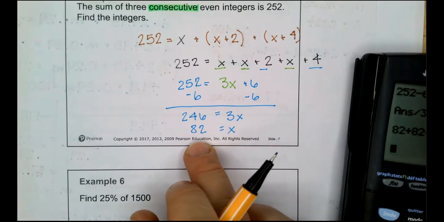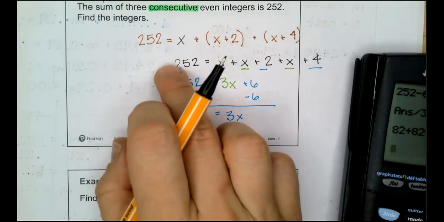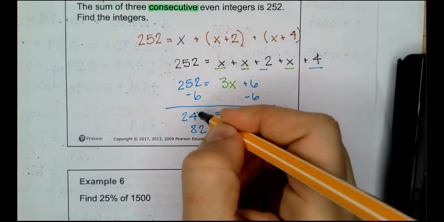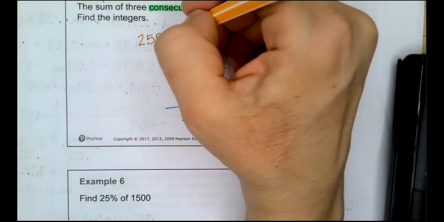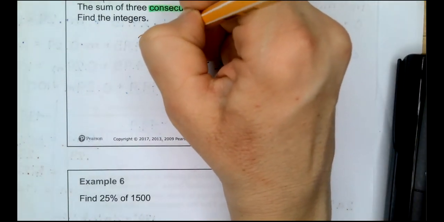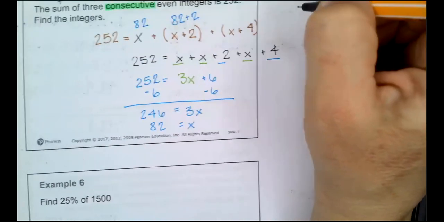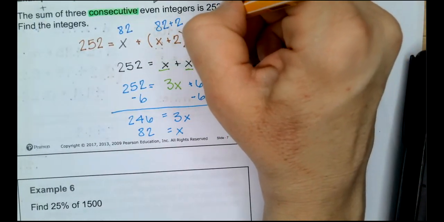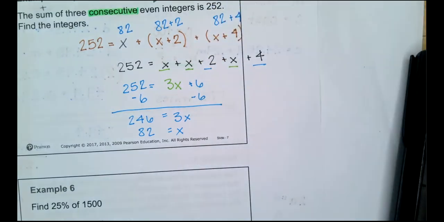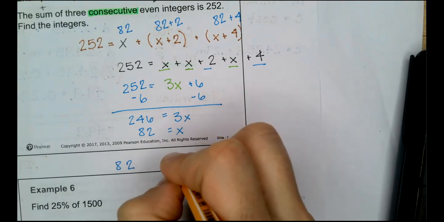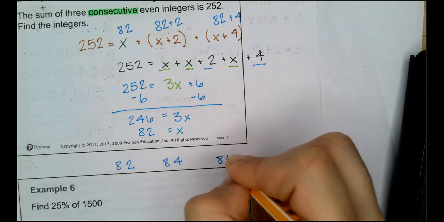We have to now put those back, just like with the angles of the triangle. We need to put the x back, right? So this one's now 82. This one's 82 plus 2. This one's 82 plus 4. Okay, so our numbers are actually 82, 84, 86.